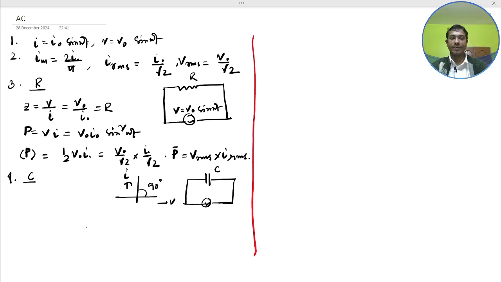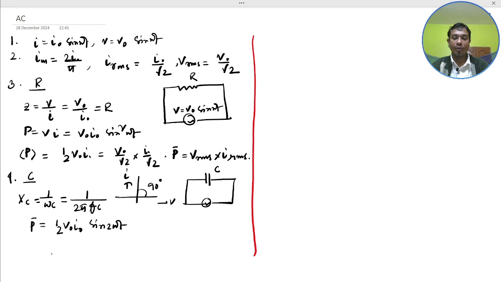I leads EMF by 90 degree, and the reactance of the capacitor, XC, is 1 by omega C, basically 1 by 2 pi FC, and here the average power P average is half V naught I naught sin 2 omega t.